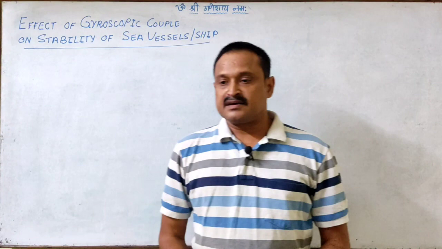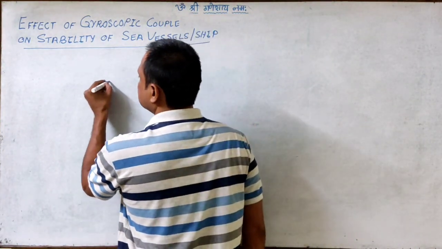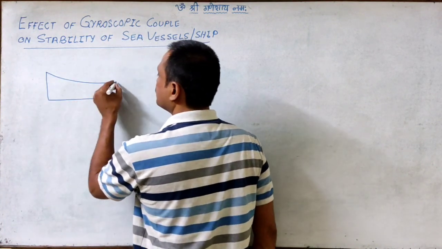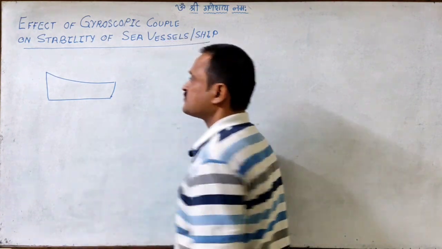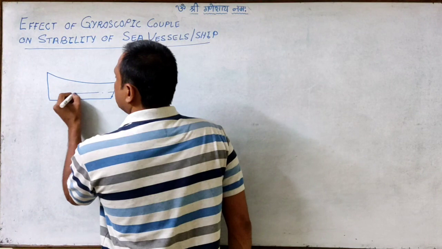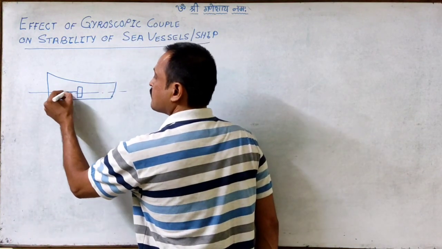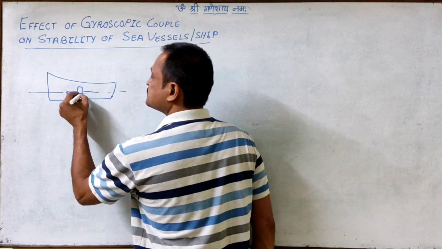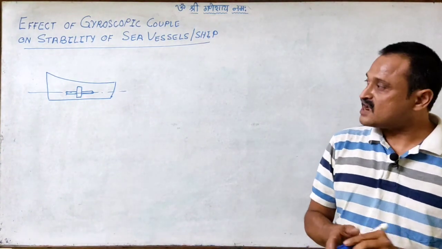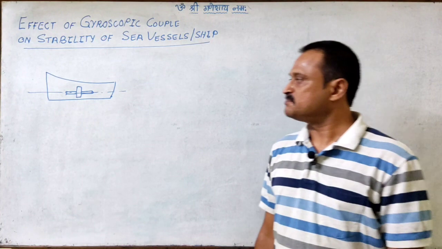Now if we see the structure or arrangement of a ship or a floating vessel, they are run by motors or turbines, usually with the shaft being parallel to the lateral axis of the ship.